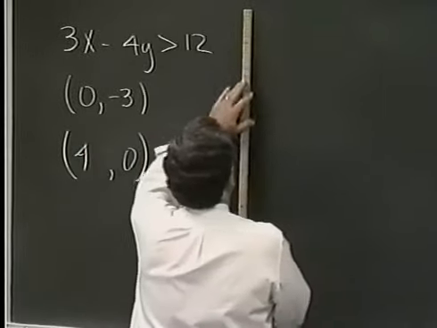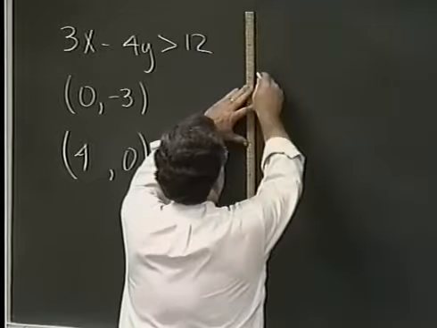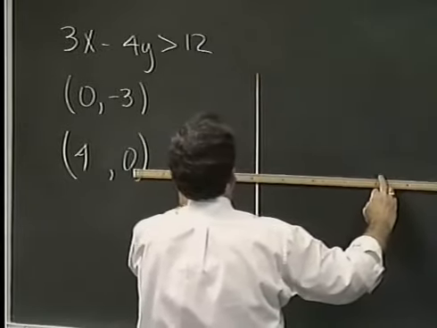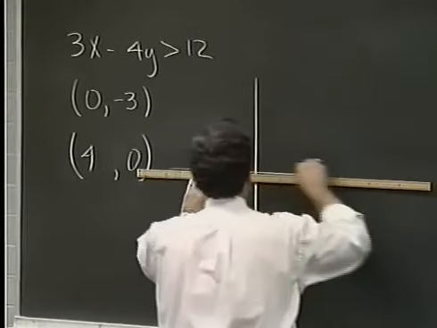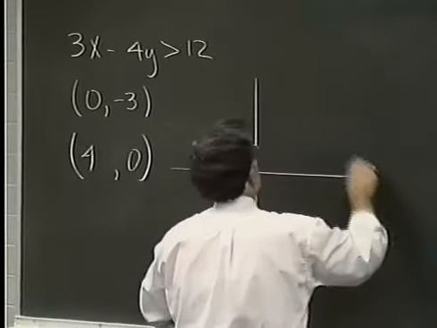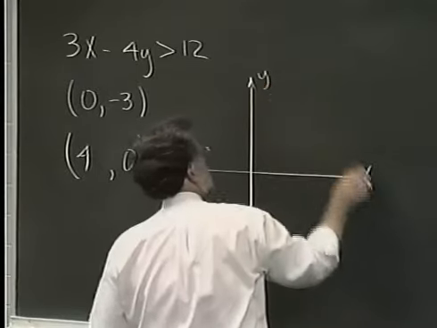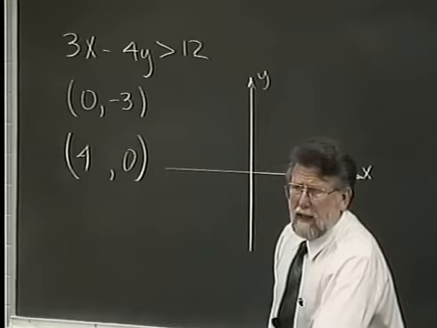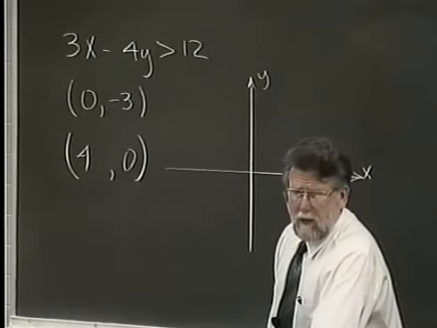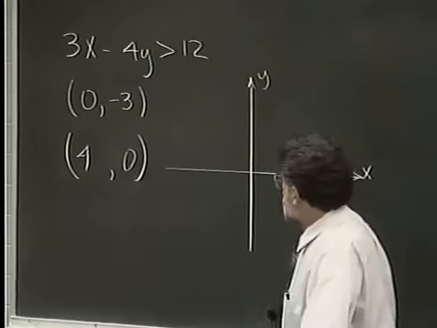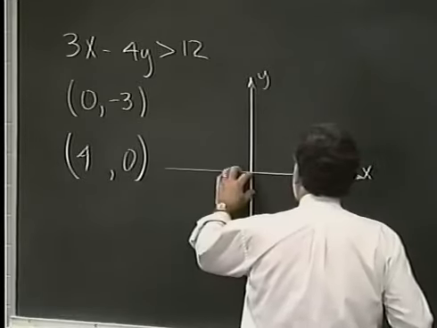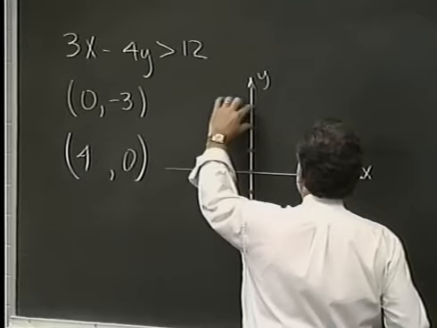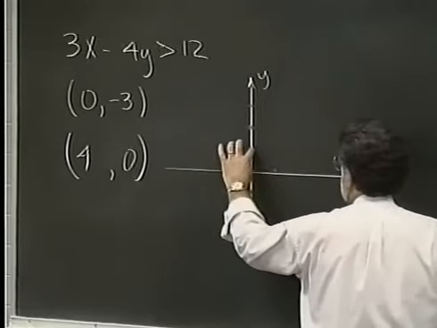So we're going to go ahead and graph. Reminder, this is an inequality, so once I get my line determined, then I want to ask which side of that line I'm on. So I need to have a scale here. Let's see if I can get that.